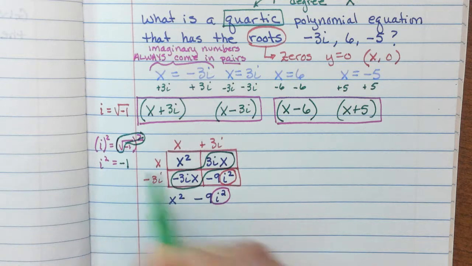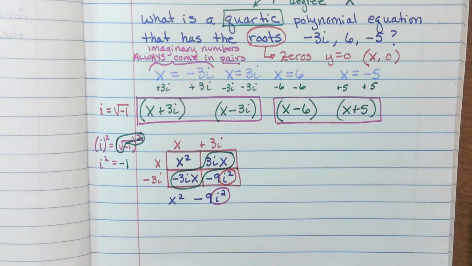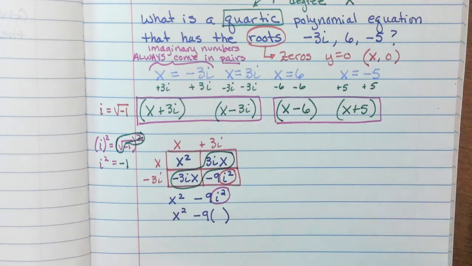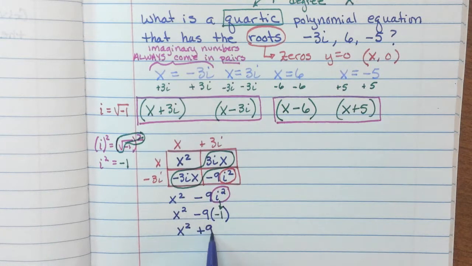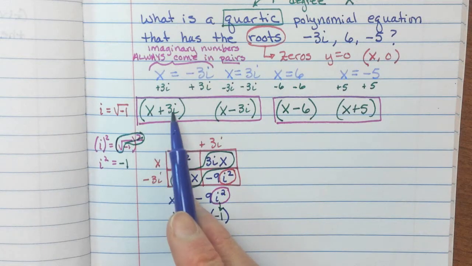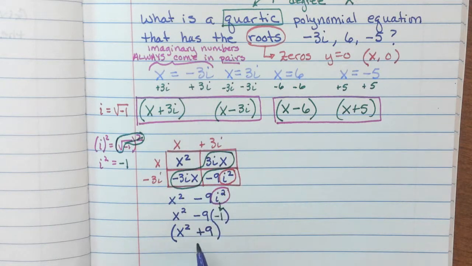So i squared is negative 1. That means this can be rewritten to be x squared minus 9 times negative 1, because these are equivalent. So then that gives me, for this factor, x squared plus 9. So that's what x plus 3i times x minus 3i becomes.